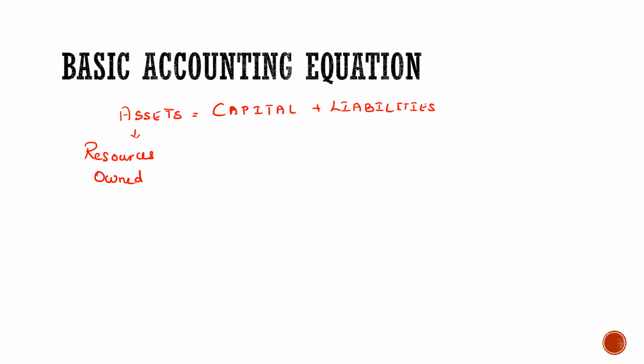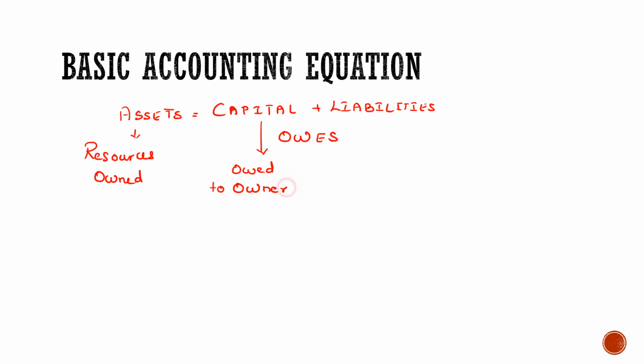Now, we will understand the term capital and liabilities. Whatever the business enterprise owes, that is called as capital or liability. The two types of amounts that are owed are capital, which is owed to the owner of the business.